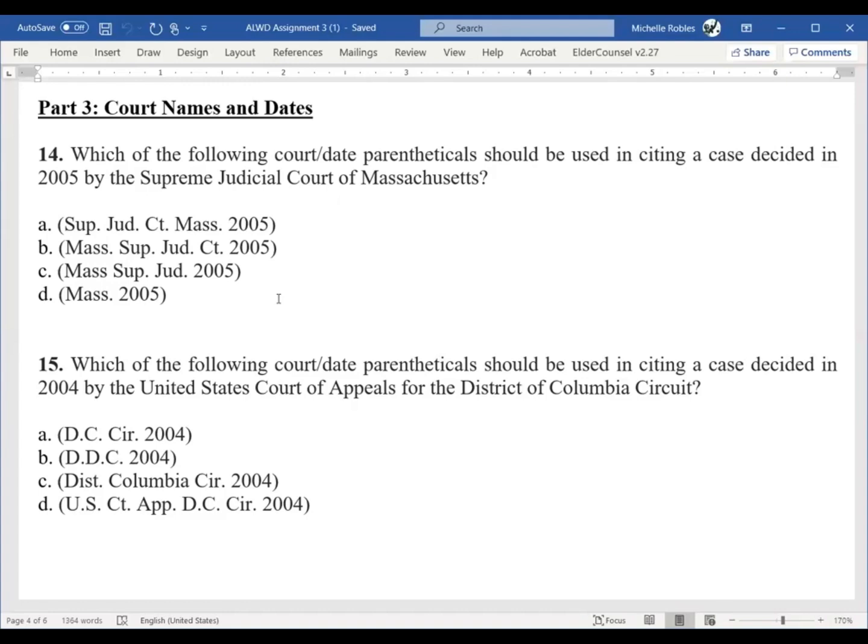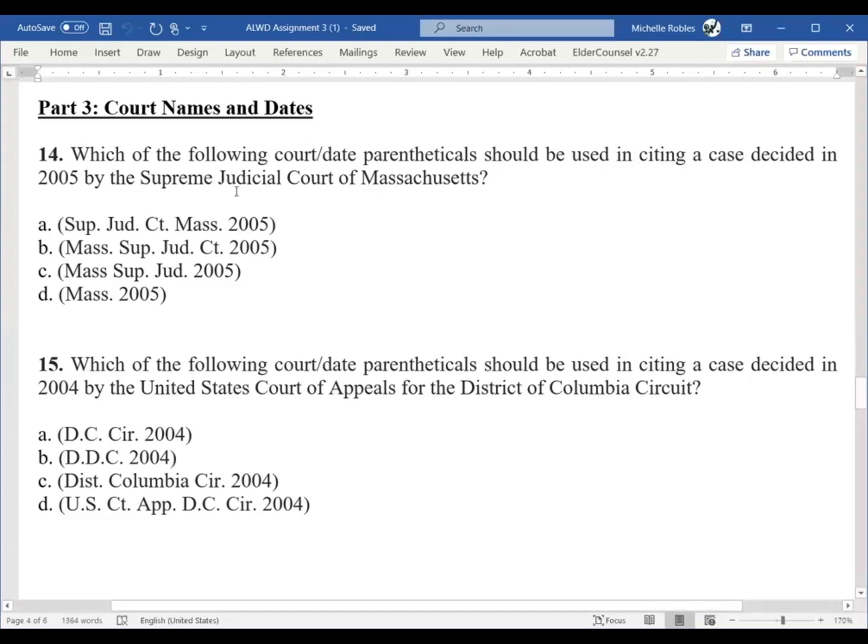Remember that in federal court, you also have divisions and districts and circuits that have to do with states. So don't confuse that section with the state section.